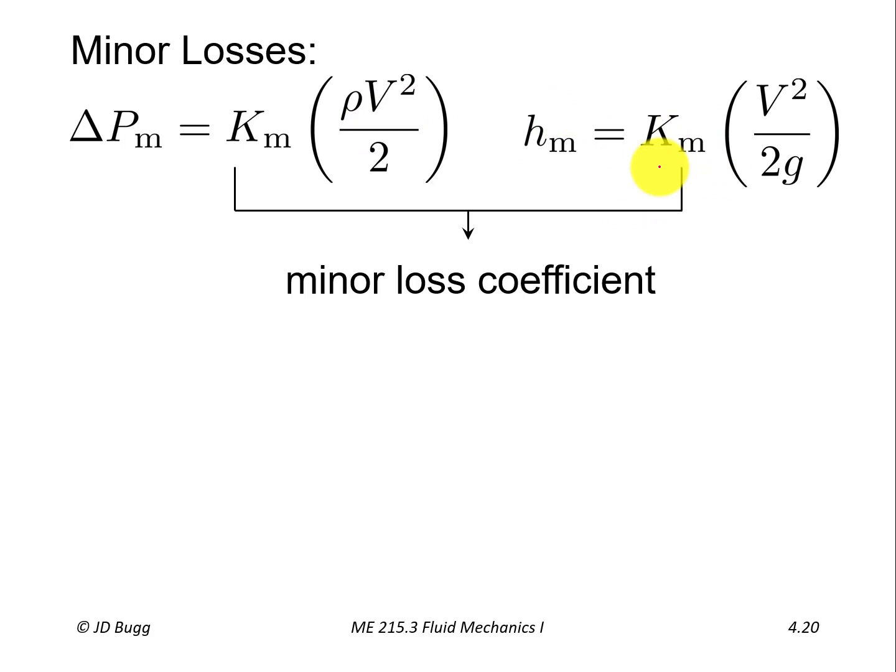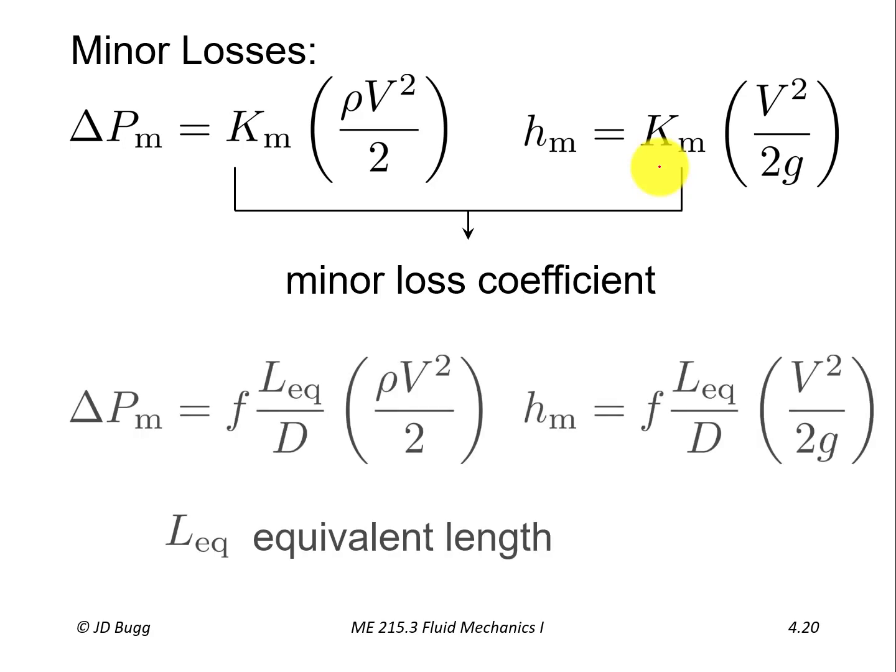But before we do that, we need to look at the second way that we might be calculating minor pressure or head losses, and that is through the use of an equivalent length. The way equivalent length works is it essentially is saying that if you were to replace this particular fitting with a particular length of straight pipe, the same as the fitting is connected to, then that length of straight pipe would have the same pressure losses through it as the actual fitting.